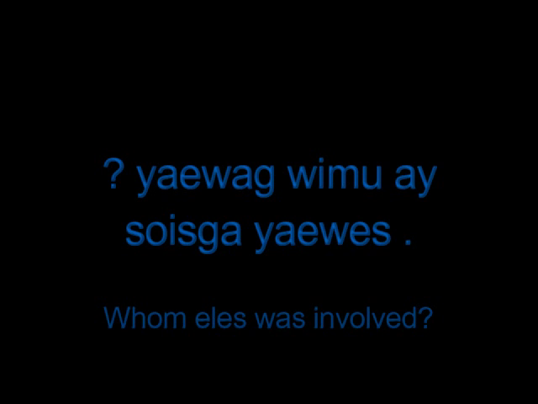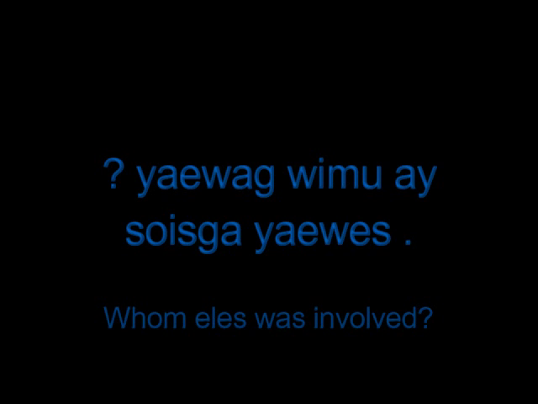For a question about a conjunction, the sentence "yafag thima I soiska yafas", which means "whom else was involved", will be used. Again, the question words enclose thima, which means "another".